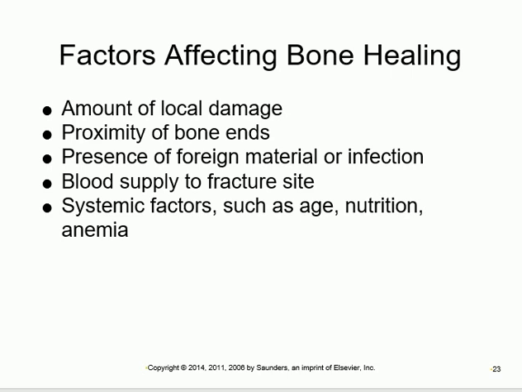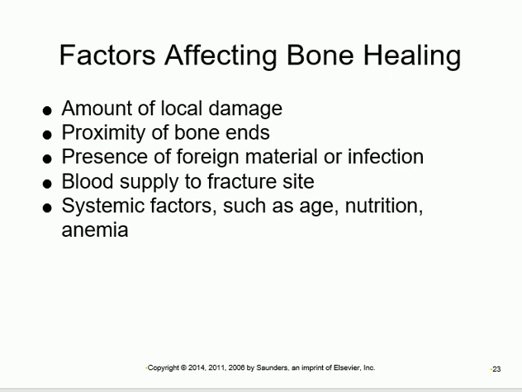Number two, proximity of the bone ends. That's why if you go to the doctor and he's putting on a splint or a cast, they have to make sure that the bones are very close to each other. It has to be like this, as close as possible. If it is far away, that will take more time.